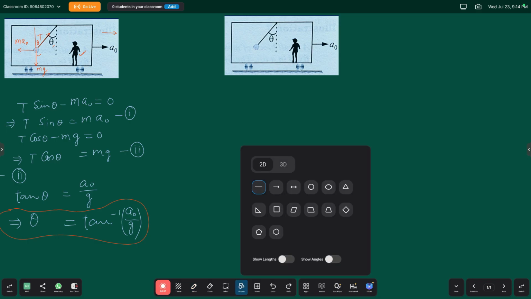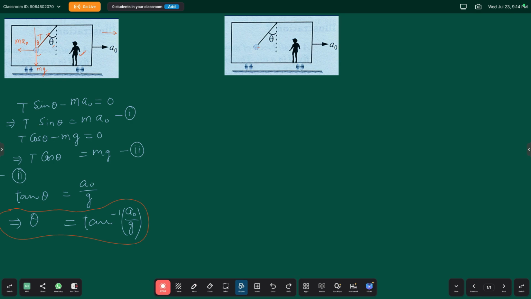So let us say that when the jerk was given and it immediately attained an acceleration a naught, the shift of the bob in the horizontal direction is this much, and say it as x.